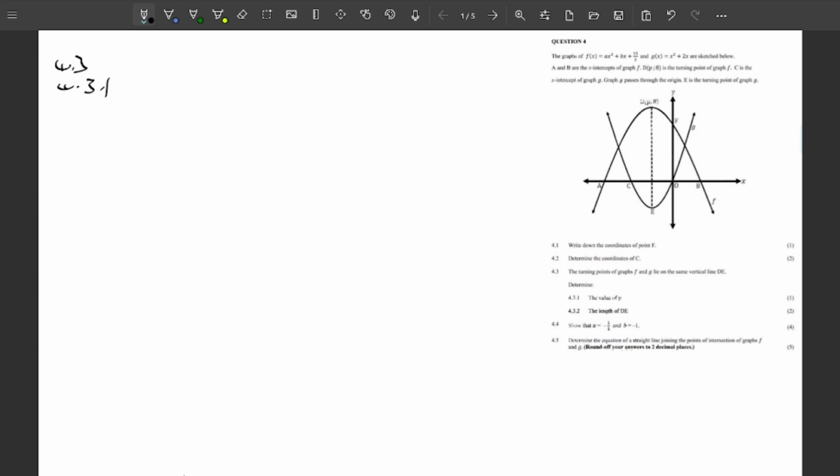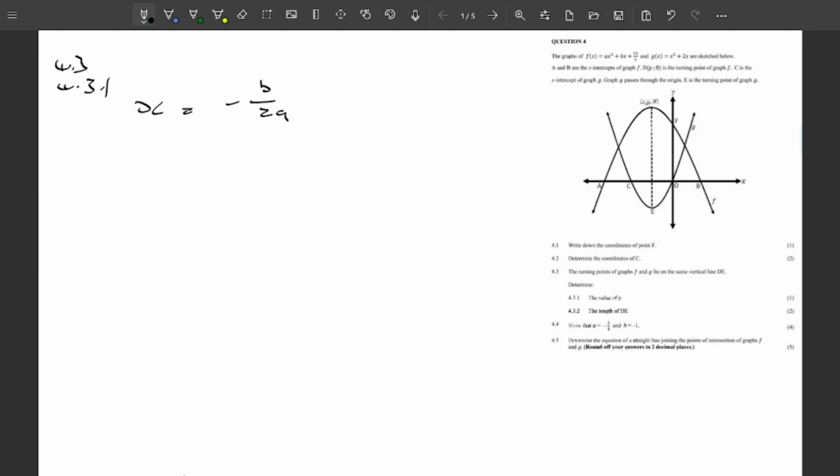So in order to find the value of p, we just have to use the function which has more information, which is g of x, to find the x value of the turning point. In order to do that, the equation we're going to use is x equals minus b over 2a.